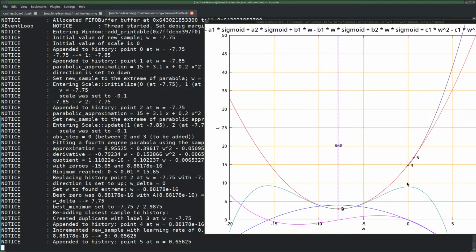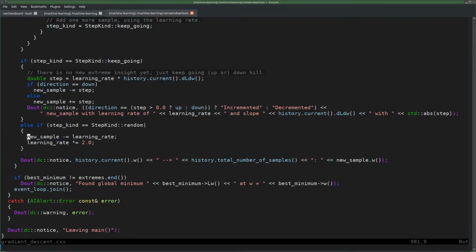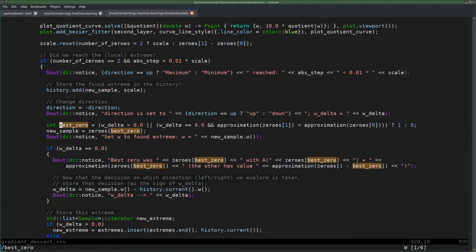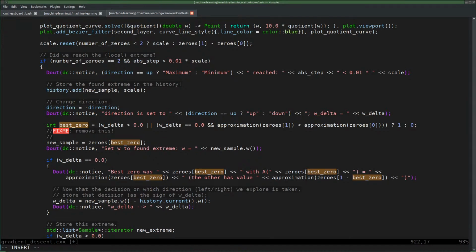I don't want to go to the lowest, I want it to go to the highest now, because that's to the left. Pick the other one.